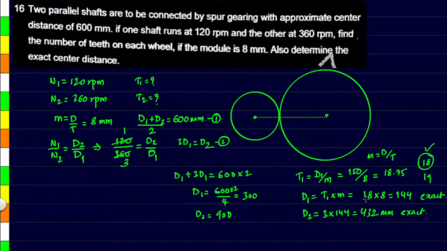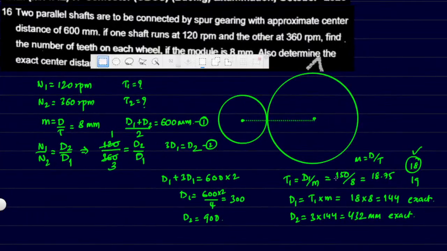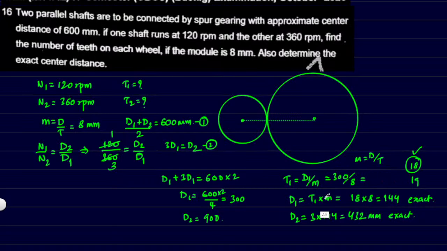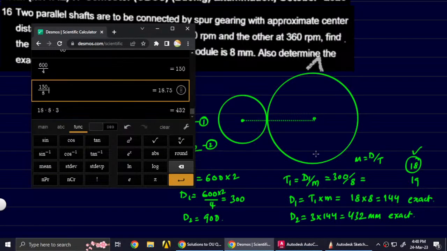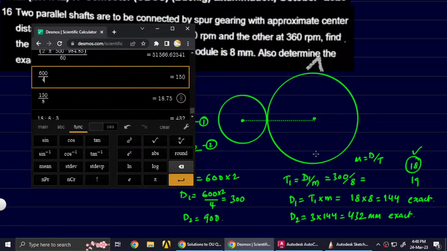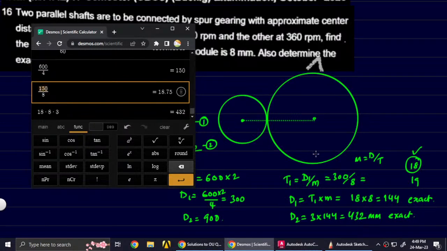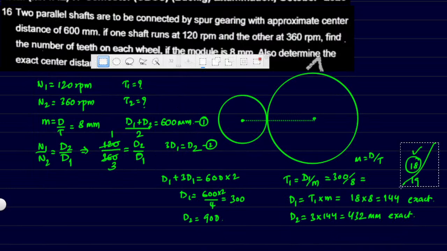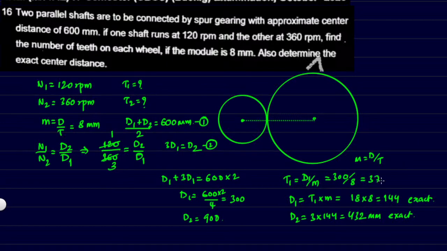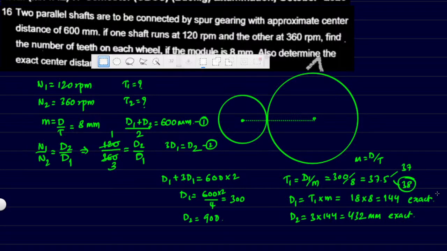When we go for approximate here as well, we have to go for 300 by 8, 37.5. So either you go for 37 or you go for 38. I guess 38 will be a better option, and that's what we will go with.